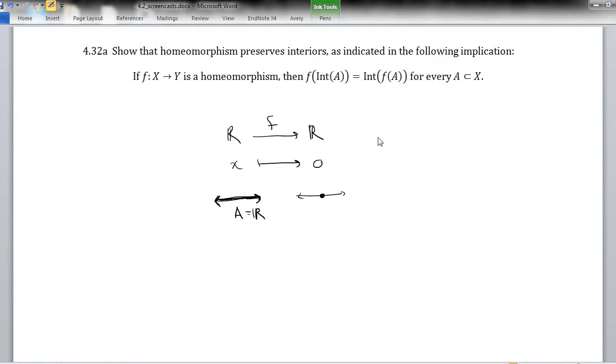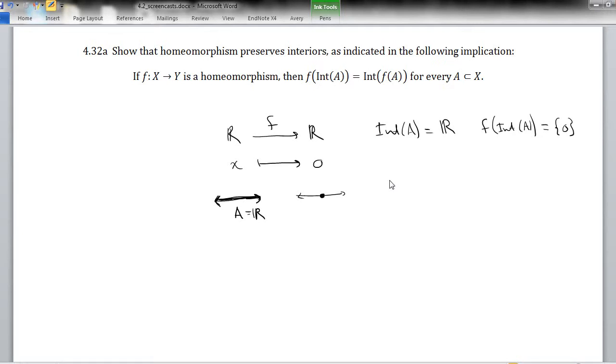The interior of A is the interior of R in R, which is all of R. If you apply f to that, you get f of R, which is just 0.